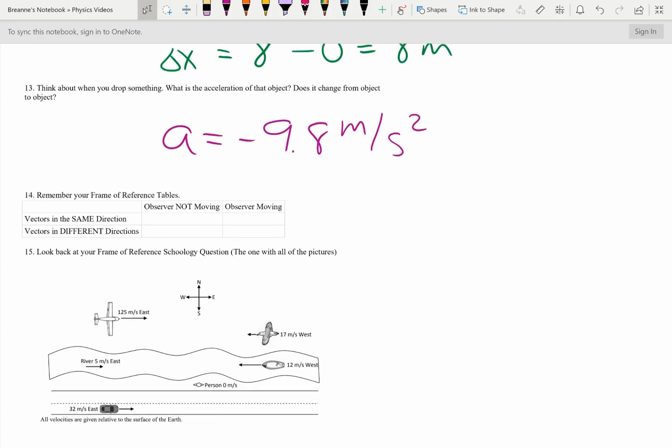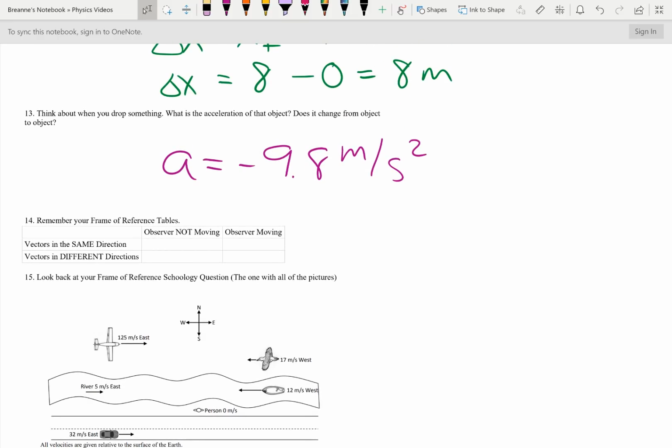So frame of reference. A couple of things that will help you here is if your vectors are going in the same direction or in a different direction, and if your observer is not moving versus if your observer is moving. If your vectors are pointing in the same direction and your observer is not moving, you add the vectors.